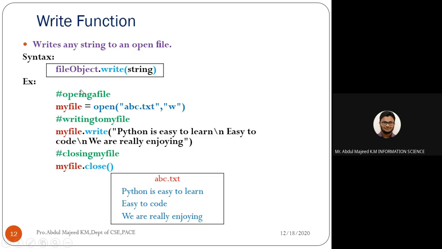So if you execute this program, you need to open the abc.txt file and check whether the content is there in that particular file or not. You can see the content which is given in the brackets is copied to abc.txt. Let's execute this program.